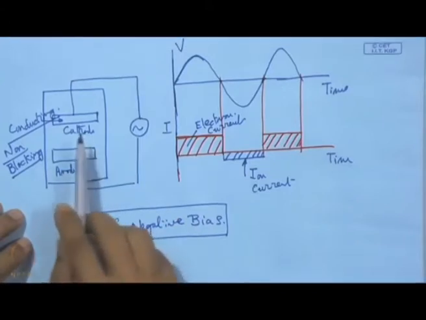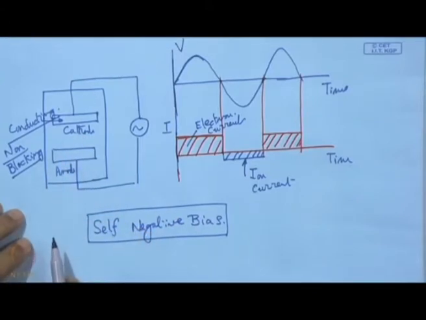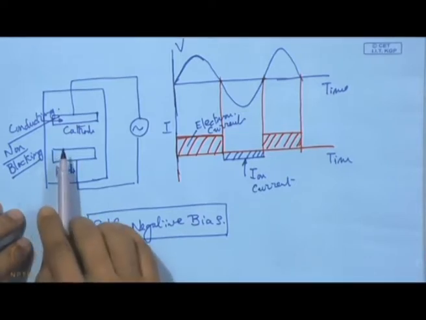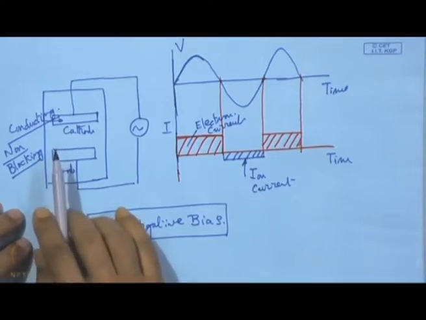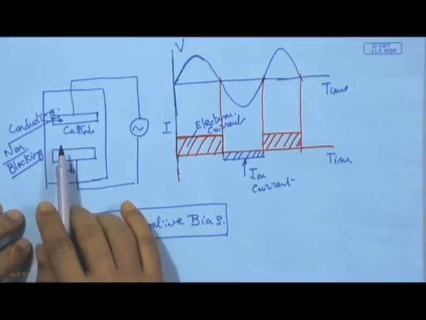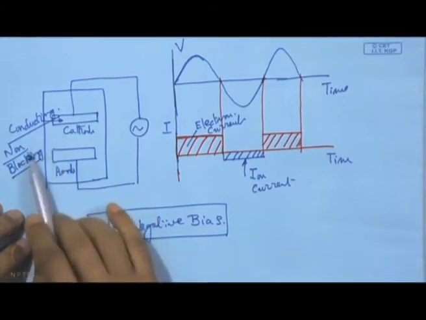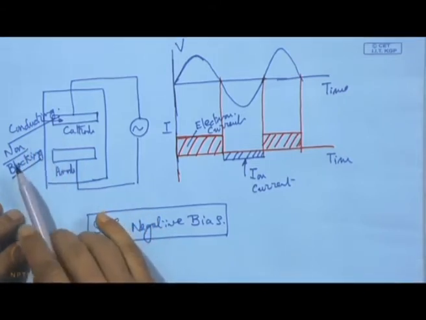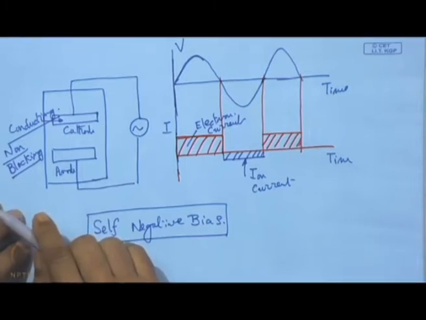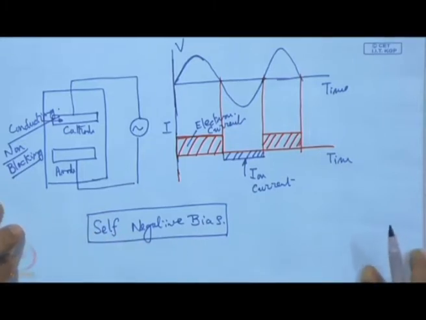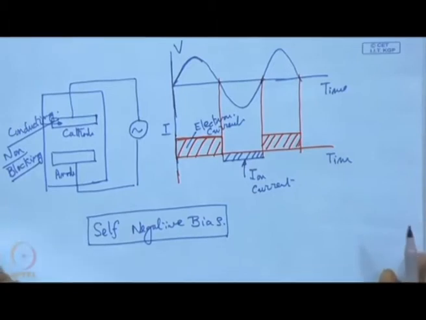So, self bias is a must for sustaining the discharge to carry forward this sputtering process.